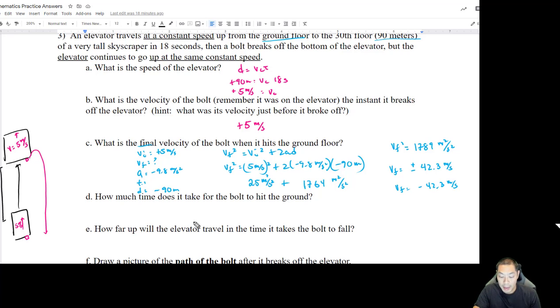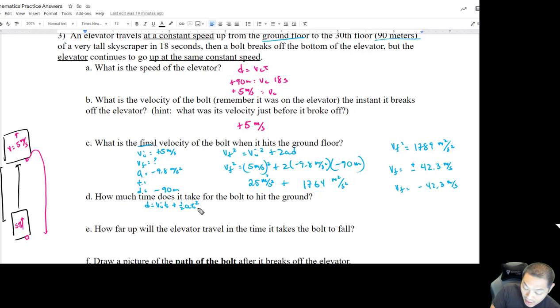Okay. How much time does it take? You do the same thing, but this time you're going to solve for t. The one with t but without vf would be this one. In my previous problem, I said I hate doing this because you're going to have a polynomial.